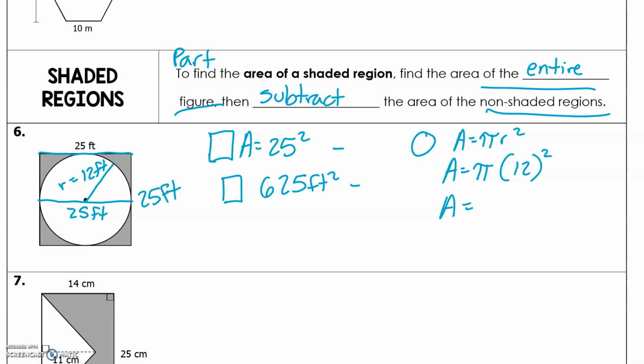And the overall area for this one is 490.87. So we're going to take 625, and don't forget feet squared, and subtract the area of the inside region, that circle, and the difference between the two is going to be 134.313 feet squared.